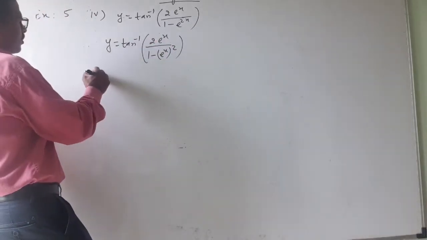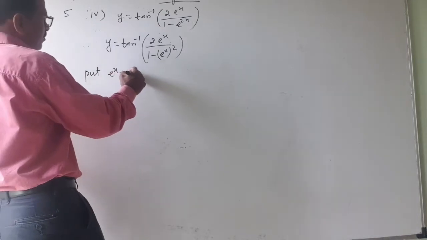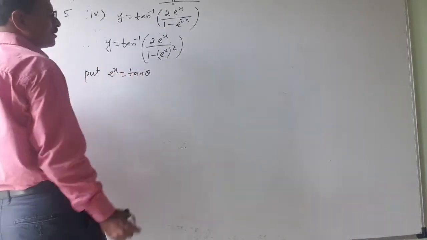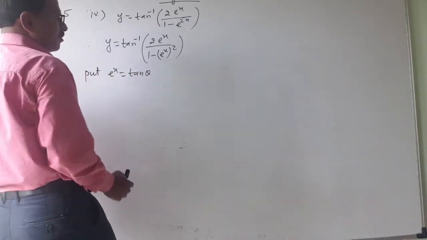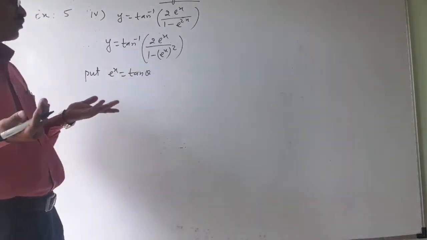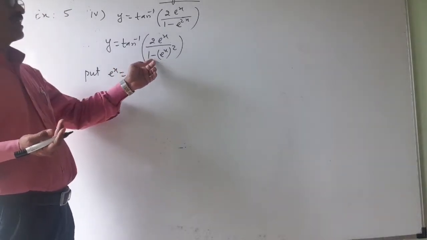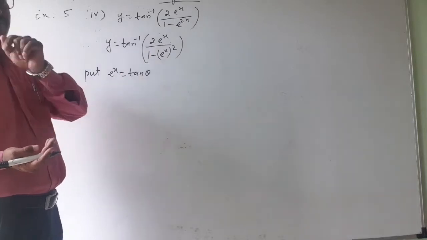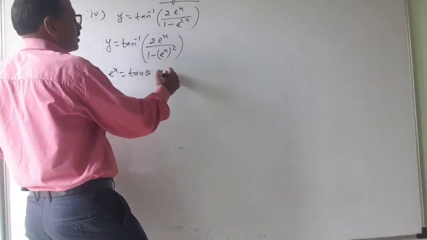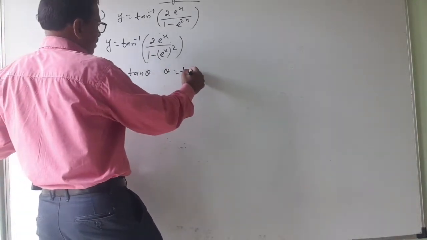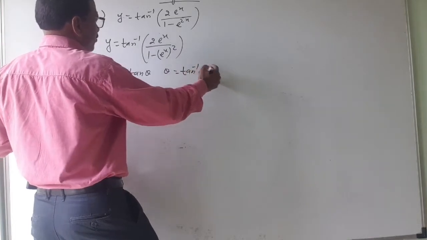Now I can put e raised to x is equal to tan theta. Don't write sin theta. It is of no use because it is 1 minus. It should be 1 plus t square. Therefore, theta is equal to tan inverse of e raised to x.